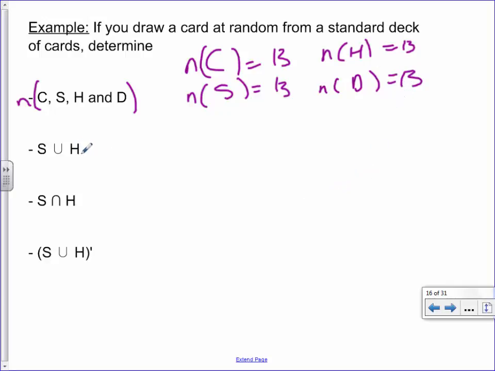How many spades or hearts would there be then? The number of spades or hearts, you would say there are 26. Right? Because there's 13 spades and 13 hearts. What about this one?